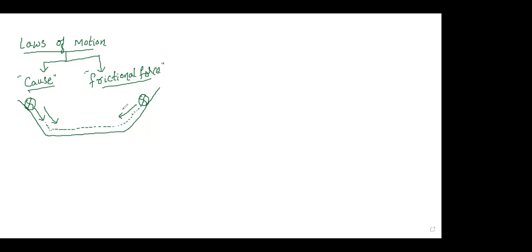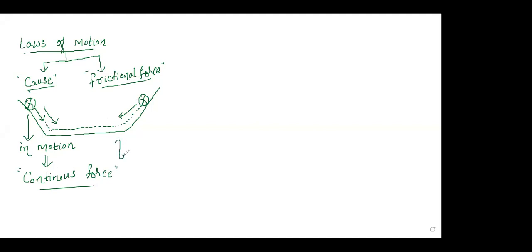But according to Aristotle's theory, in order to keep this object in motion, you have to apply a continuous force. A continuous force is required to keep this object in motion.